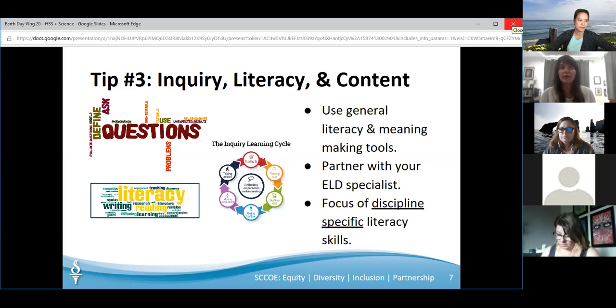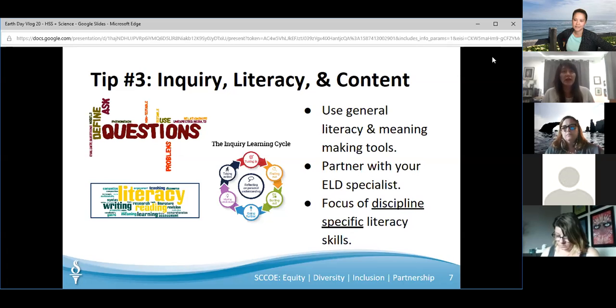So for example, with history, social science, things around determining cause and effect, or thinking about different perspectives, or continuity and change, or determining the context of a primary source.